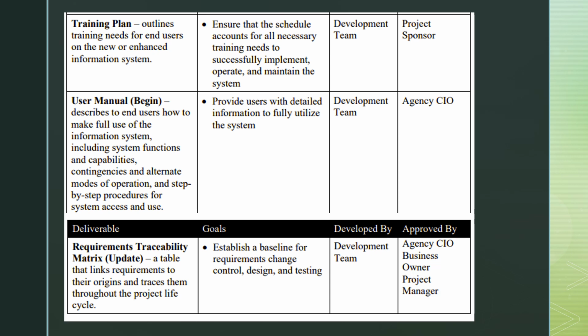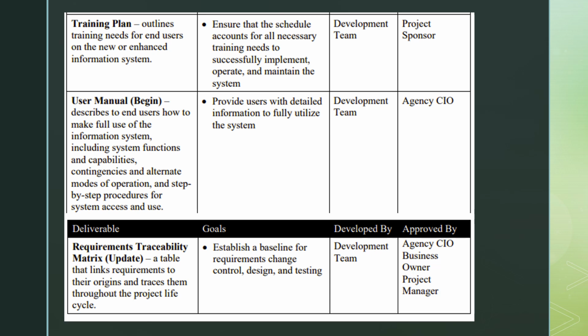This describes to the end users how to make full use of the information system, including system functions and capabilities, contingencies, and alternate modes of operation, and the step-by-step procedures for system access and use. The goal of this user manual is to provide users with detailed information to fully utilize the system. This will be developed by the development team and approved by the agency CIO.